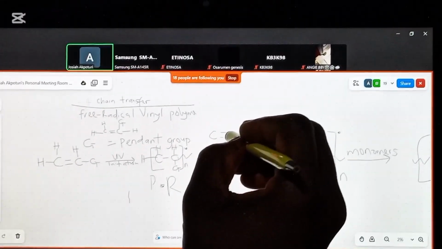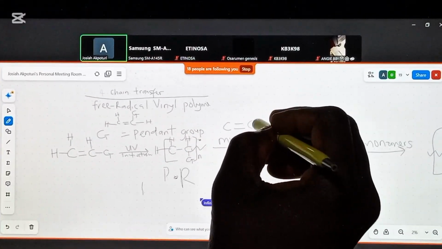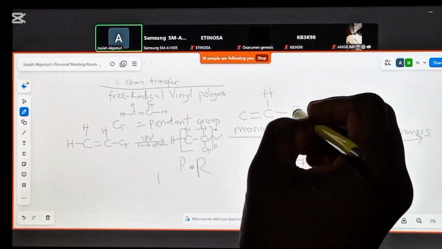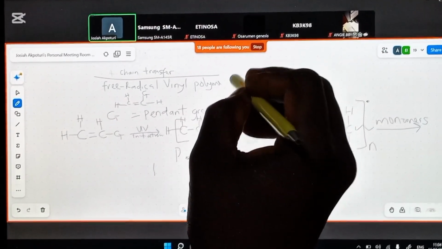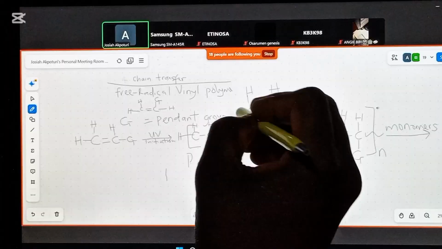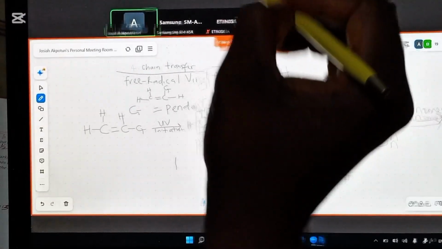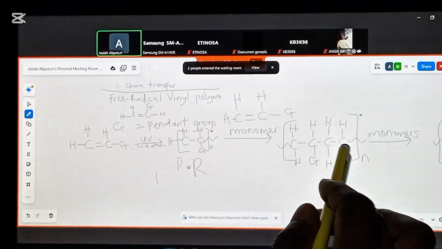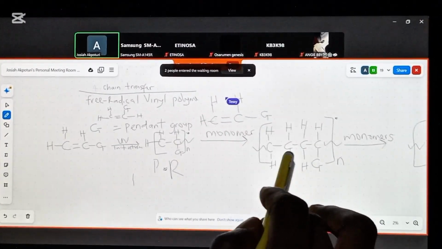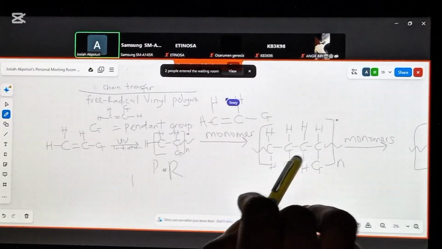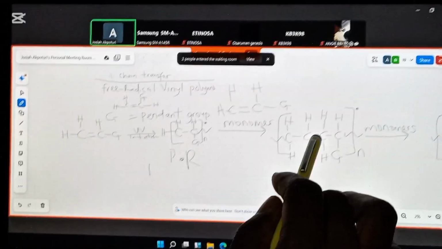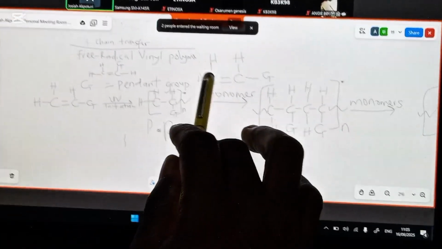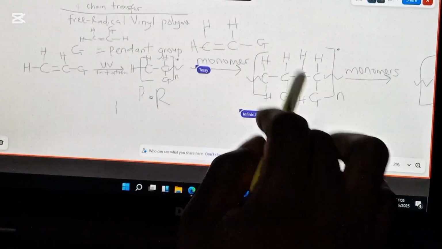You know, in chain polymerization, it must be the same monomer, the same active site. So that is why I'm trying to draw the structure again for some of us that didn't get it. This monomer is the same structure. When we add the two structures, you see that we have added a radical combined with this. You see the bond here. The bond will come. We see this C that is here connected to two hydrogen.